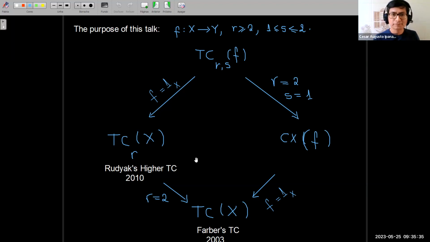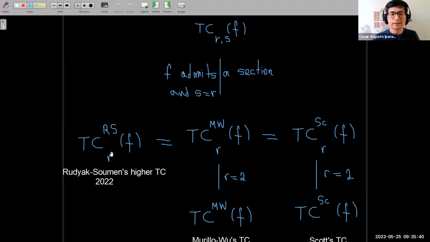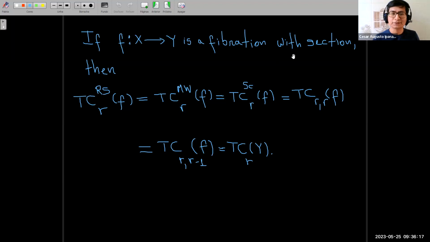Moreover, this numerical invariant unifies other invariants, for example, Rudyak's symmetric higher TC, Murillo-Wu topological complexity in the higher setting, and the Scott topological complexity in the higher setting. It coincides with these when F admits a section, F is a map, and S equals R. Moreover, if F is a fibration with section, then TC_{R,R} coincides with TC_{R,R-1} and with the higher TC of Rudyak. This is the motivation for this work.